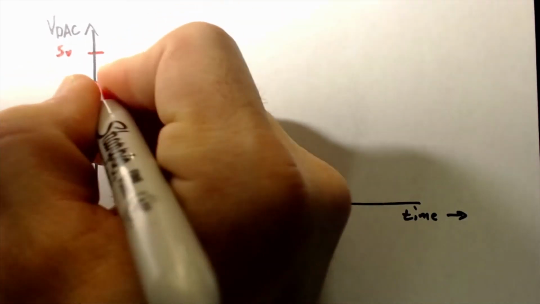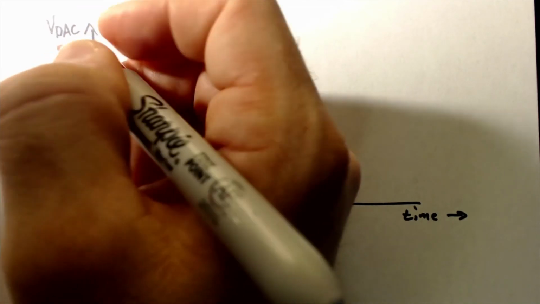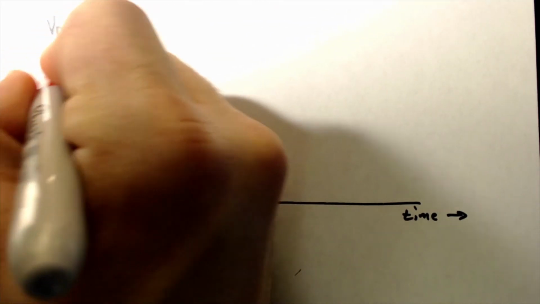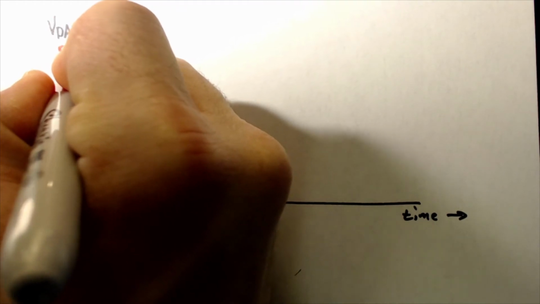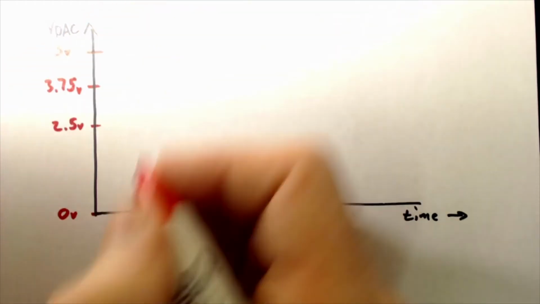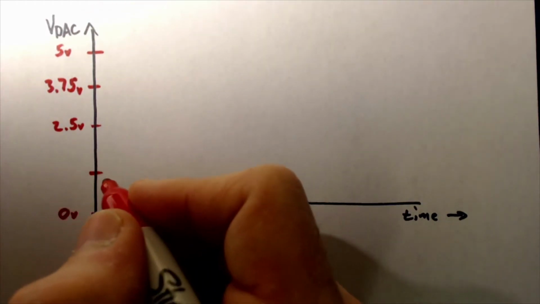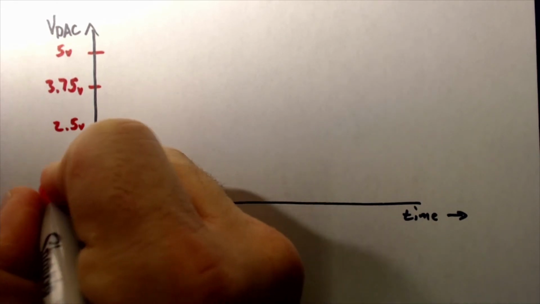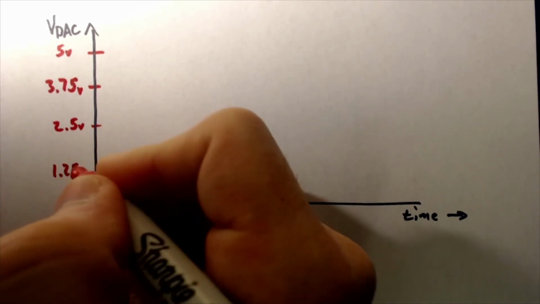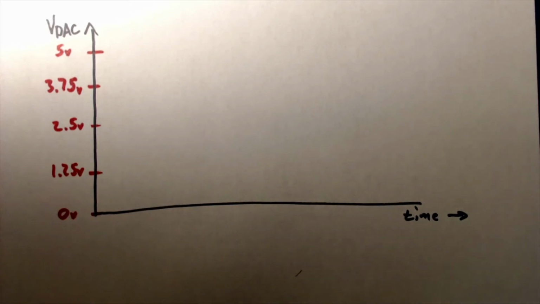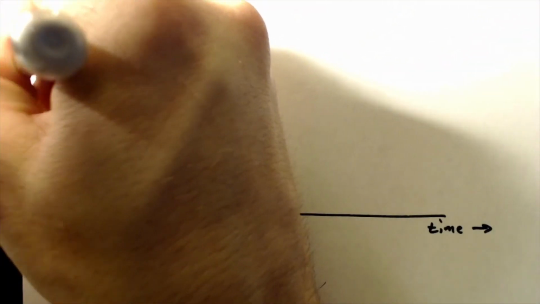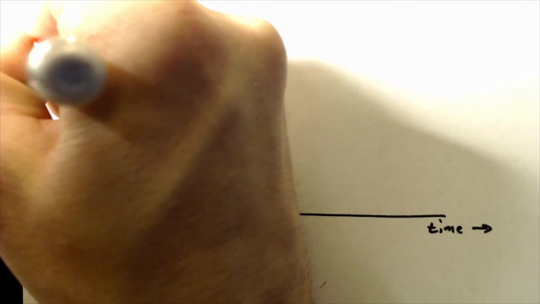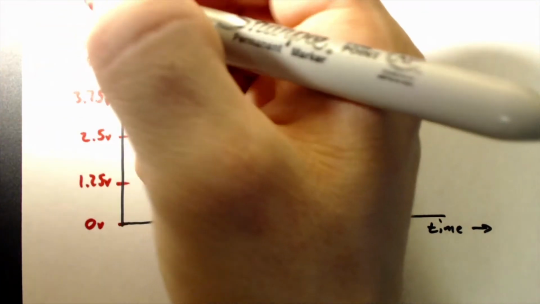Over here, we'll do 3/4 of 5 volts, or 3.75 volts. And down here we'll have 1/4, or 1.25 volts. I'm just breaking this up. The technical term would be Vref.